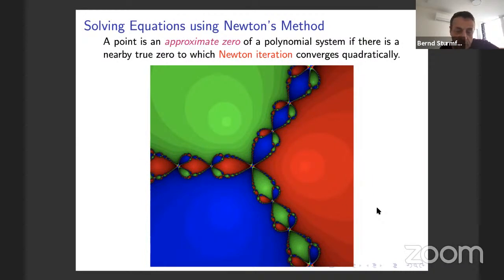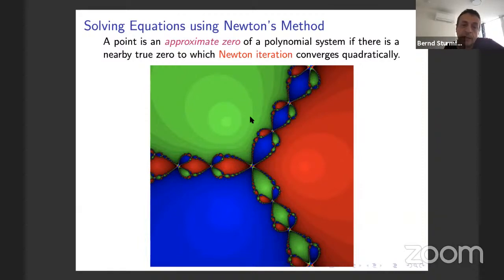So this picture just shows you the Newton dynamics for a polynomial in one complex variable of degree 3. Such a polynomial has 3 roots, a green root, a blue root, and a red root, and they're located right here in the center. In green, blue, and red, we're coloring the plane according to which root we're converging to if we run Newton's iteration.